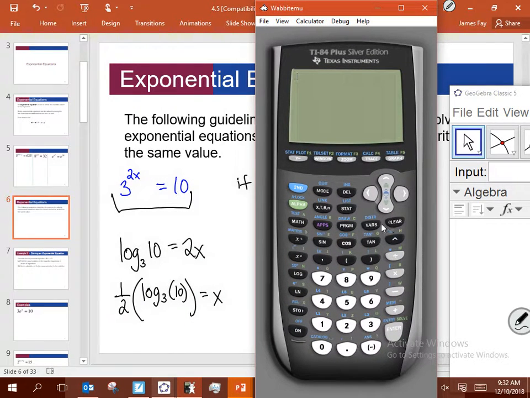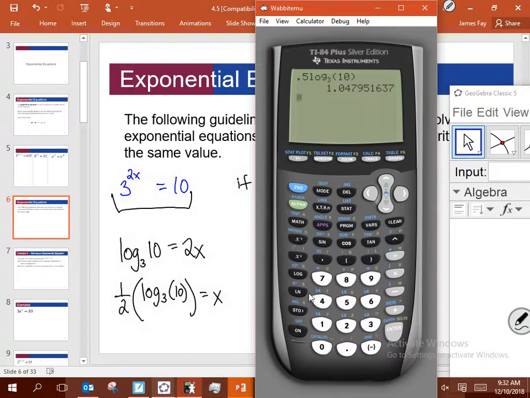I would take 1/2 times my log base, using the math menu. My base is 3, my argument is 10. Hit enter, and it gives me that number right there.